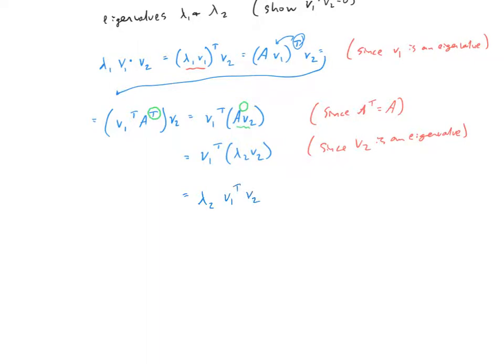And this is equal to lambda 2 times the dot product of v1 and v2. Okay, so I did my v1 transpose times v2 and then rewrote that as a dot product.